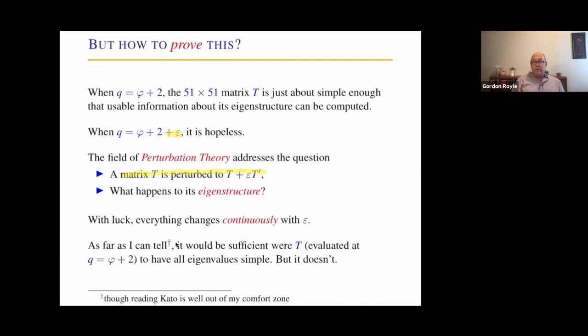So there's a very famous book by Kato, which is very hard to read for someone with my background. But as far as I can tell, if only T had simple eigenvalues, then continuity would work. But unfortunately, T doesn't have simple eigenvalues. It's got some eigenspaces of higher multiplicity.